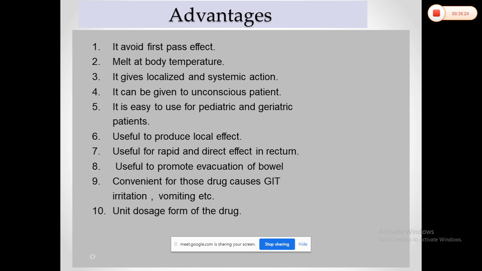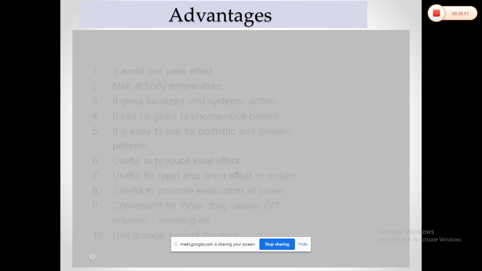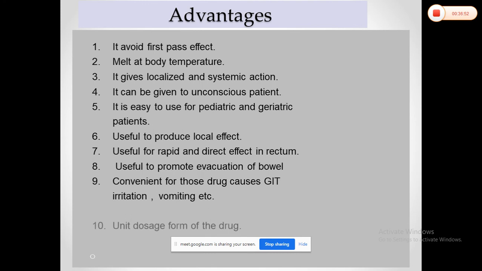Such drugs can be administered through suppositories. One more advantage is that it is a unit dosage form of the drug, like a tablet or a capsule. So administration is easy, handling is easy, and we can maintain dose accuracy in suppository formulations. These are some advantages of suppository formulations.